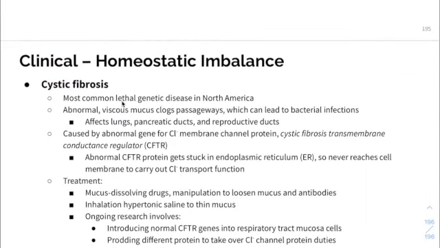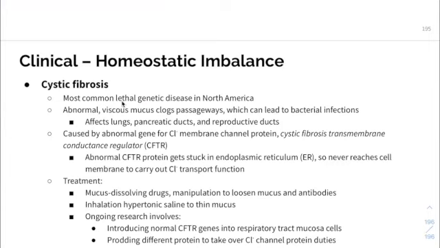I don't know if I've talked with you guys about it, but cystic fibrosis. Cystic fibrosis, they have a very thick mucus. In their airways, they have that pseudostratified ciliated columnar epithelium. That cilia helps to push the mucus away from the lungs. That mucus is so thick that cilia cannot beat and move the mucus away from the lungs.